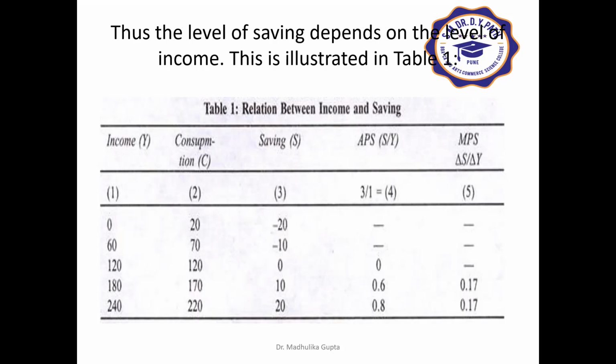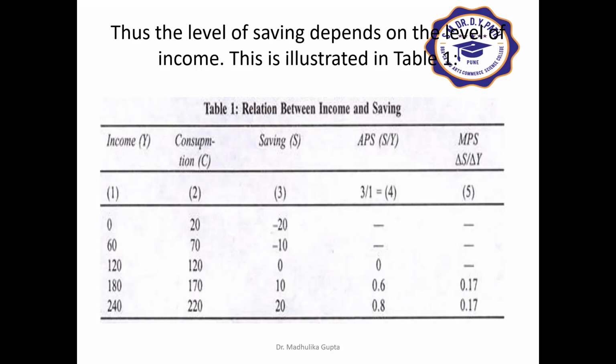When income equals consumption expenditure, savings are 0. Just observe the table: when income and consumption are equal, 120 and 120, then saving is 0, the third row.